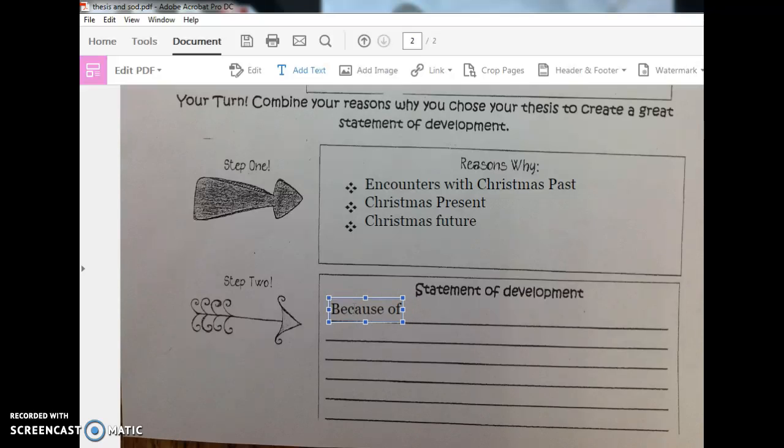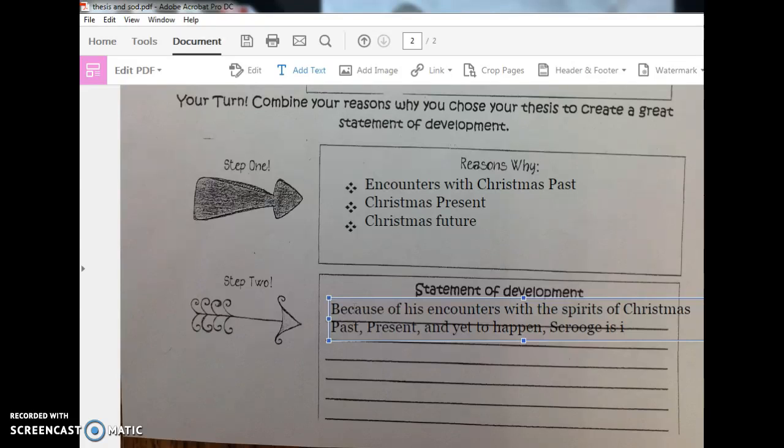Because of his encounters with the spirits of Christmas past, present, and yet to come, or yet to happen, I think is the way it's worded, Scrooge is inspired to change from a greedy, selfish individual into a concerned and generous member of his community.